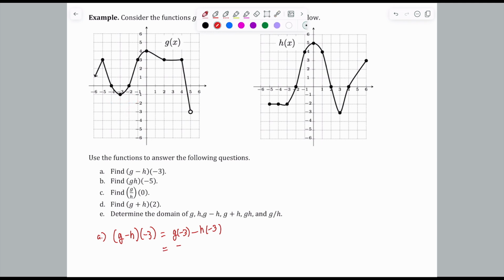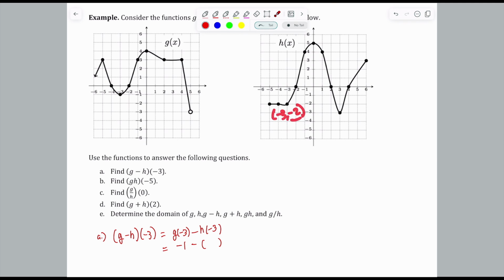So then we get -1 there, minus what h of -3 is. So once again, very similar. Here's our -3 on the input for the horizontal. Follow it to the graph, and then follow it to the y-axis. And you can see that we have the y value -2. Or just remember that this is the ordered pair -3, -2.